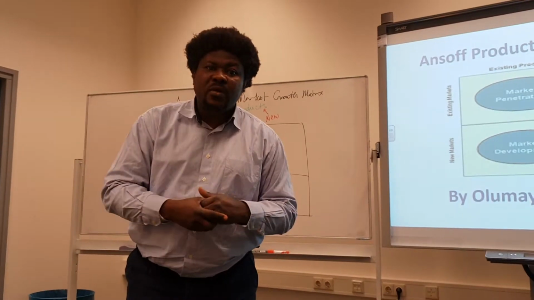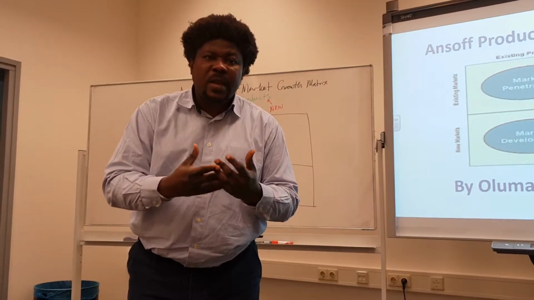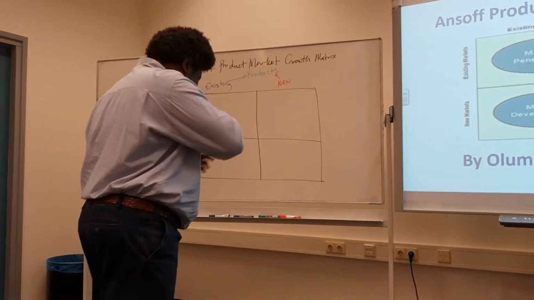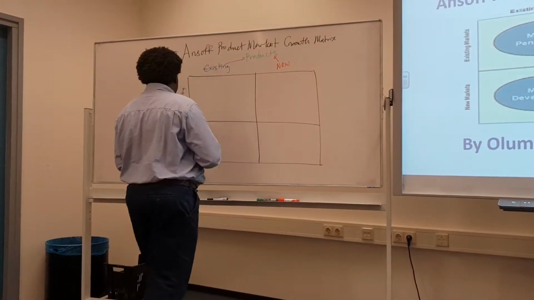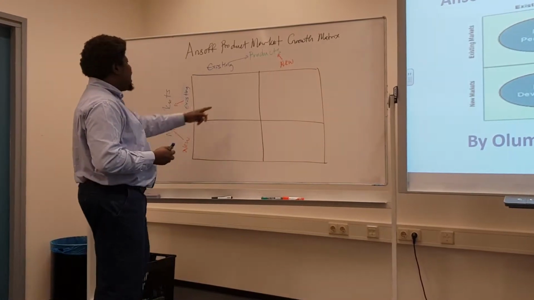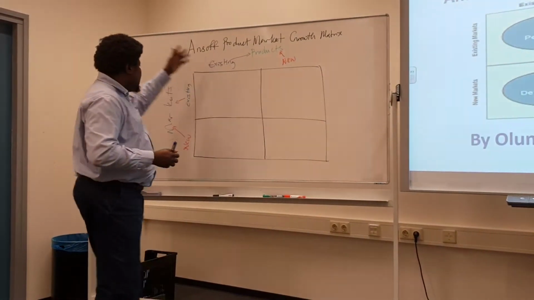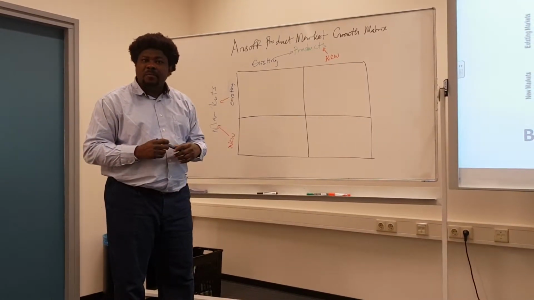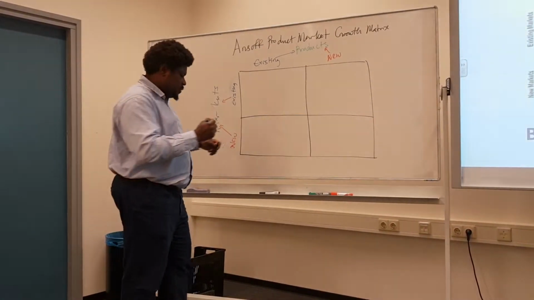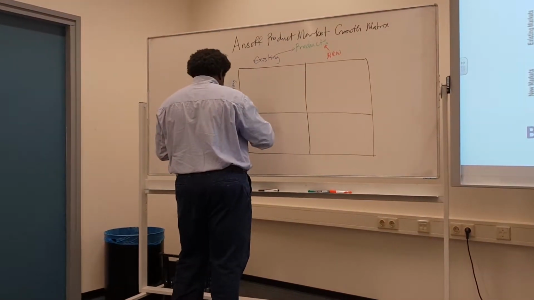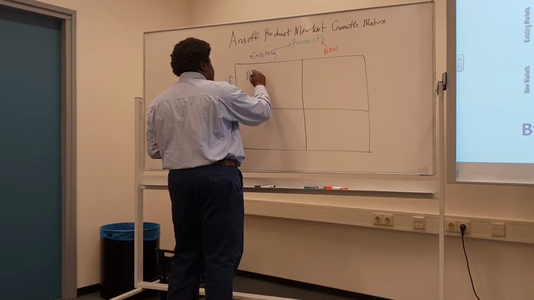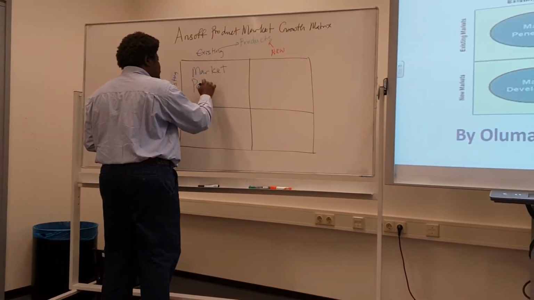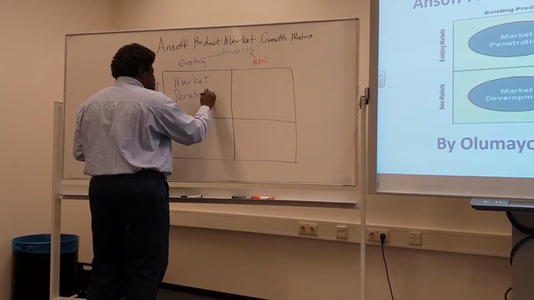Let's begin to label the parts, and as we label the parts, we explain what happens in each strategy. So when you have existing products in existing markets, that strategy is known as market penetration. We put that down. Market penetration.